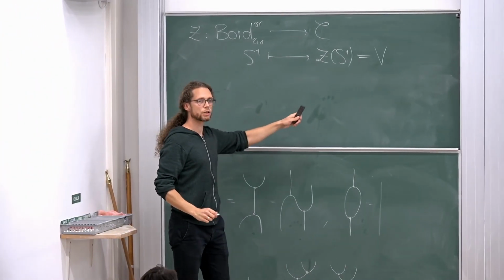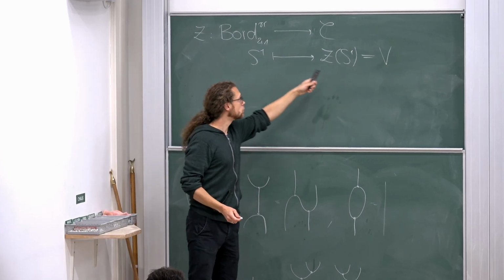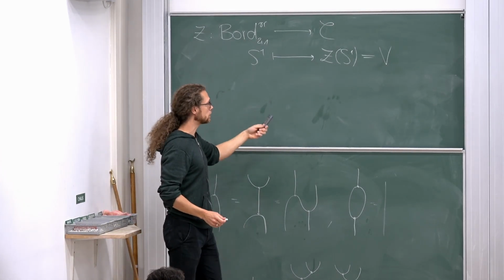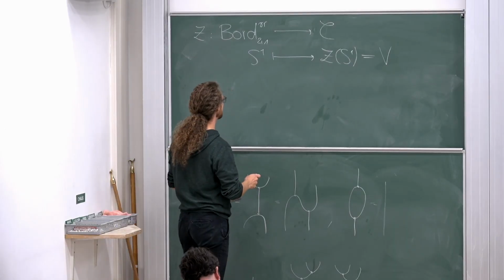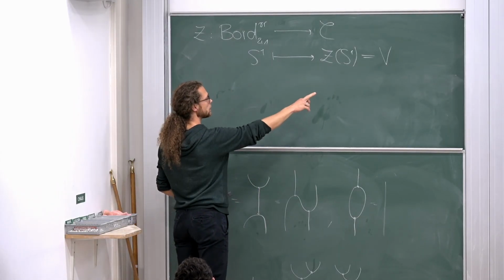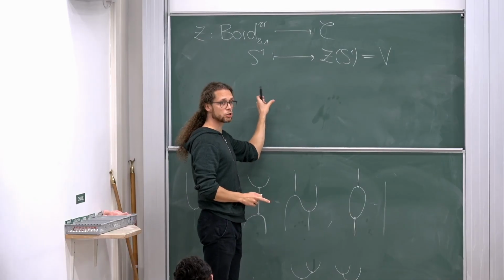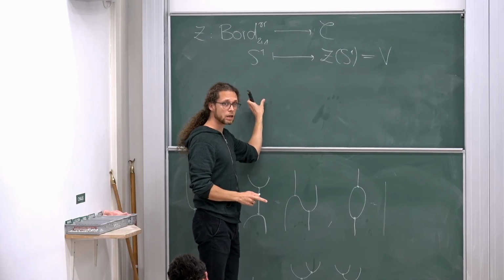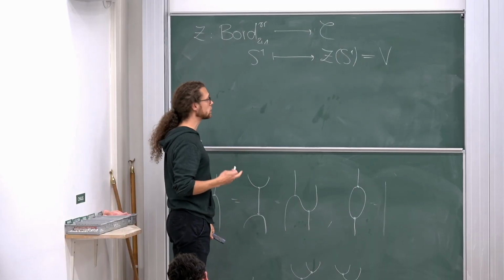And now one question is, how do you find all the elements in that vector space just from the TQFT? Well, the TQFT tells you it's the vector space, full stop. But I think you're asking the question, can I obtain some elements in that vector space as the images of bordisms over here? Yes. That is not always the case. But let's see what might happen.